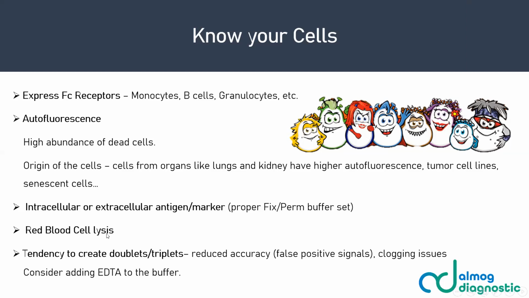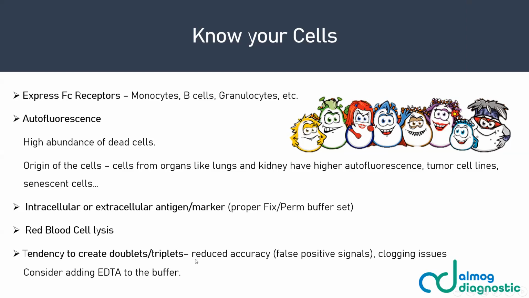And the last one is the issue of the tendency of the cells to create doublets and triplets. As we said in our first slide, it is very important to get the cells to pass through the laser beam in a narrow stream, one by one.